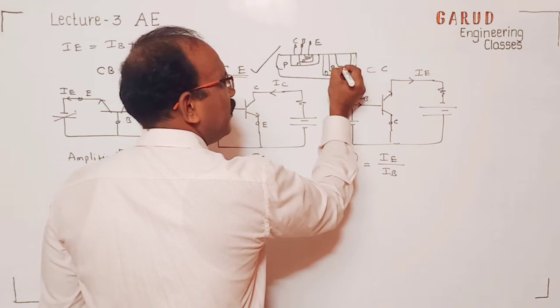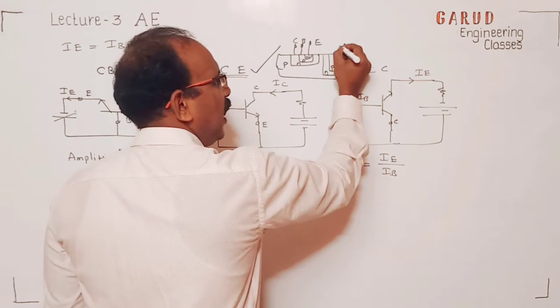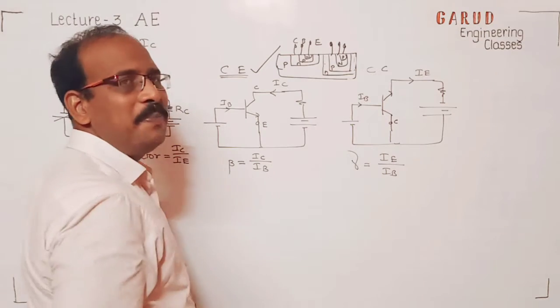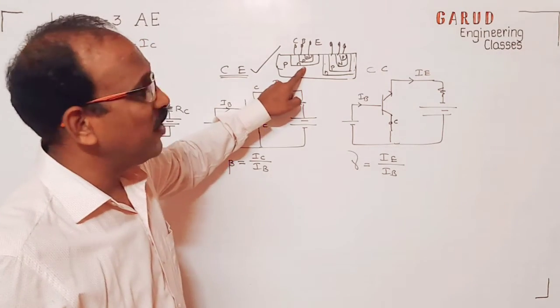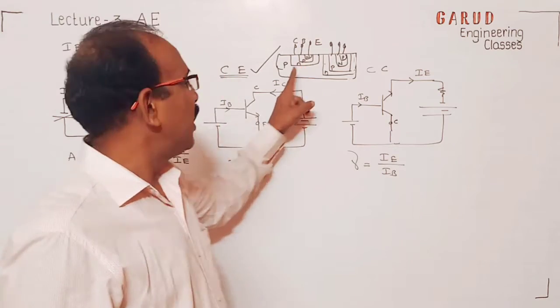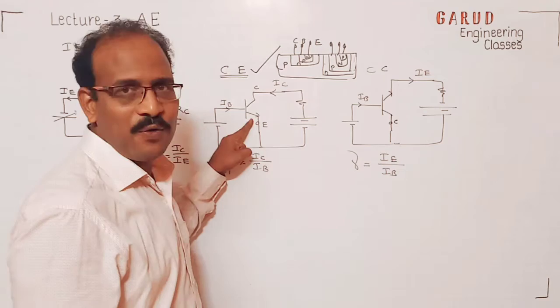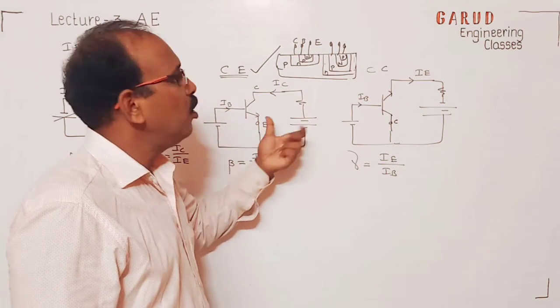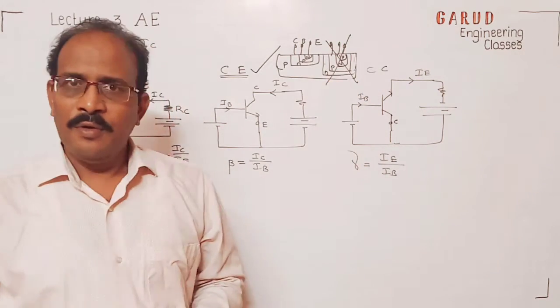This is P type, then again N type, and then P type. So P and P. One more extra layer is required in PNP. That's why NPN transistor is very easy for fabrication. That's why henceforth we will be using NPN, outgoing arrow; PNP has an inside, incoming arrow.